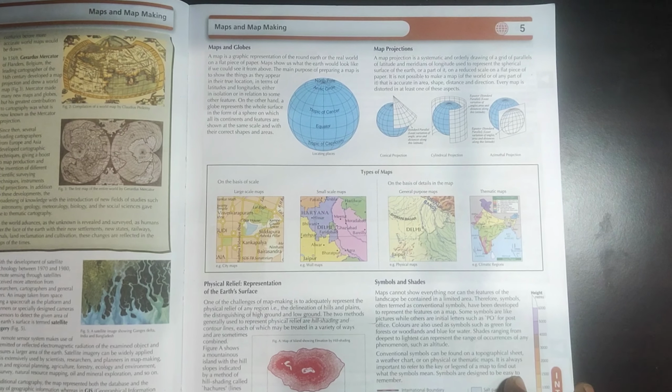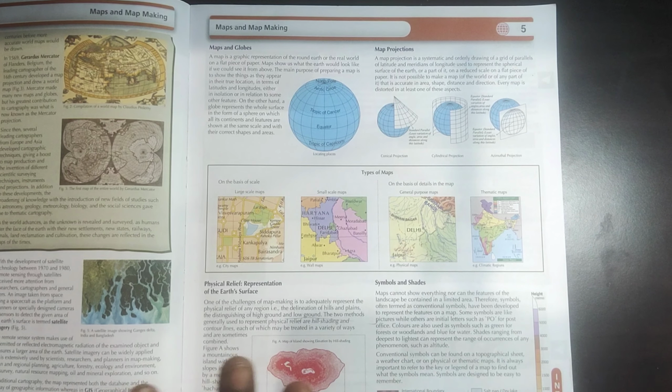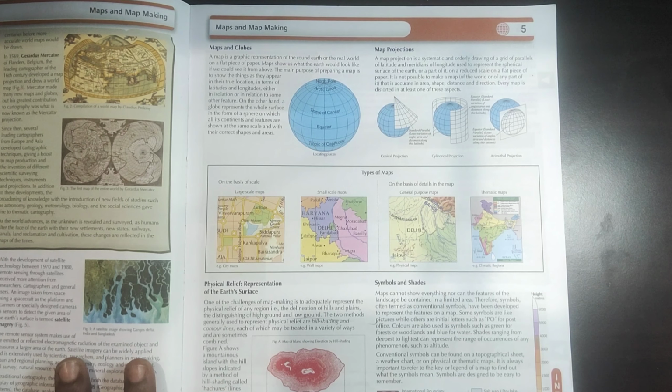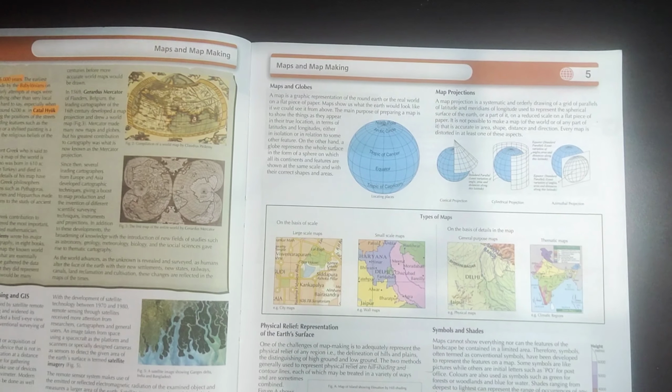And very importantly, the symbols and shades that are used in this atlas for better understanding, they have given here. So first of all, we should look into these symbols, and then going into the study of the atlas is a better way.